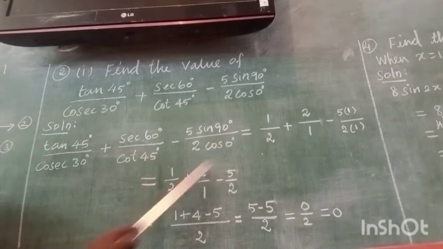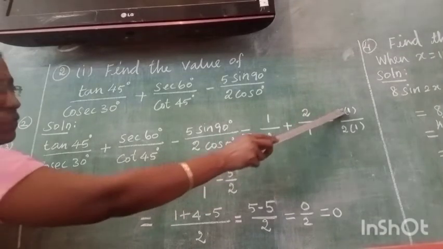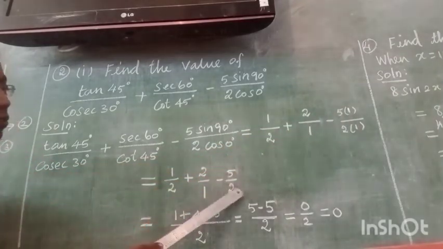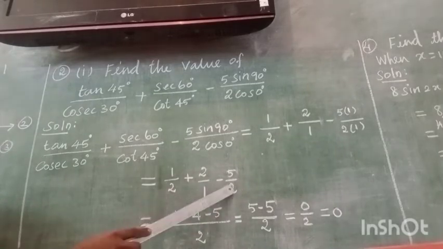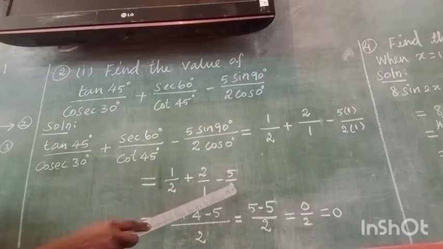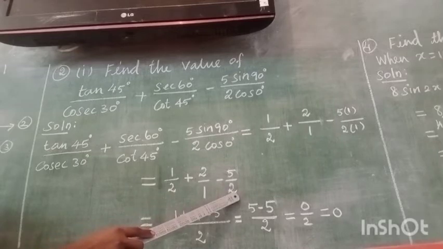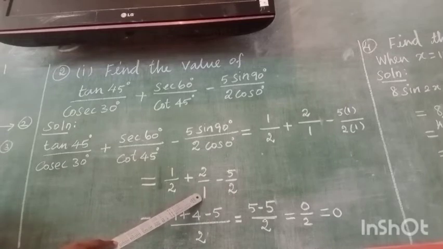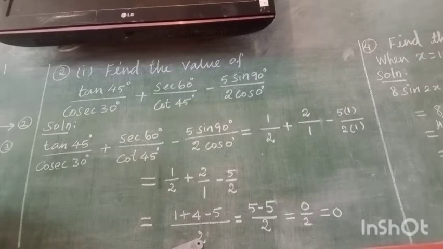1 by 2 plus 2 by 1 minus 5 into 1 by 2 into 1, that is 5 by 2. Now check their denominators. What are the denominators? 2, 1, 2. So two of them are like fractions, and one is unlike. Commonly you have to take the LCM. LCM is 2, so the common denominator is 2.